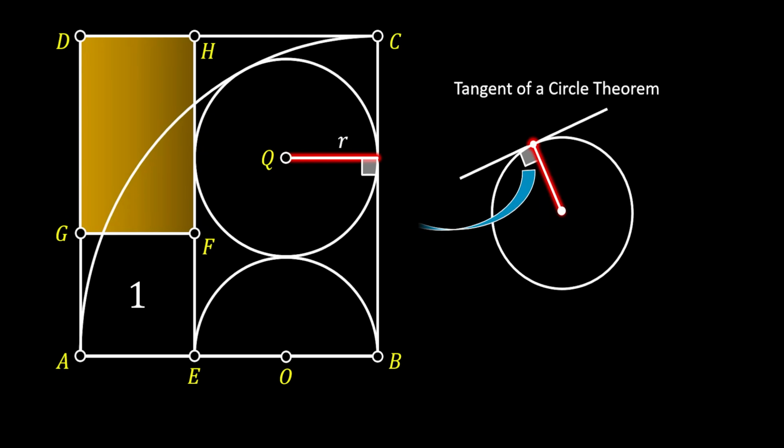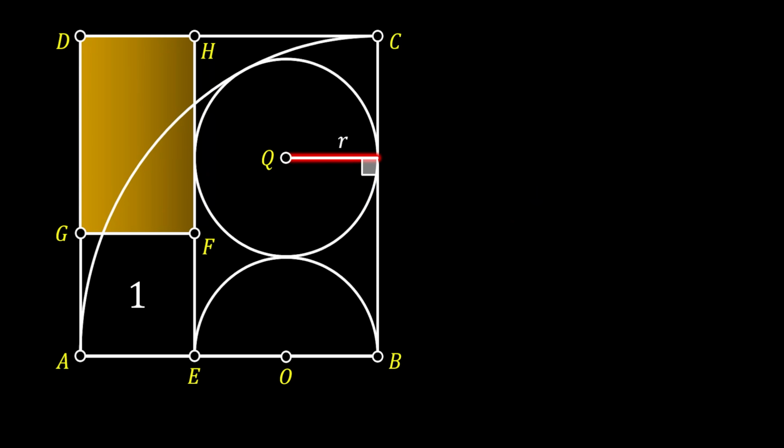And in our case, BC is actually the tangent line of our circle, so this means that BC must be perpendicular to our radius. Now you can notice that the angle at the point B is also the right angle because ABCD is a square.